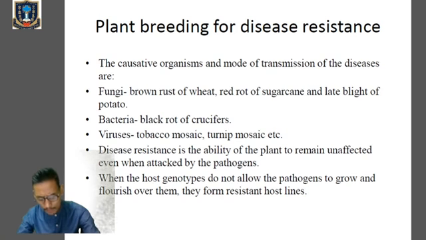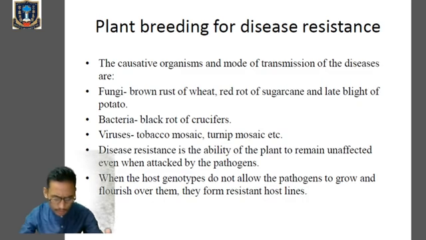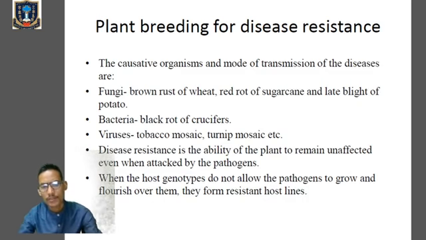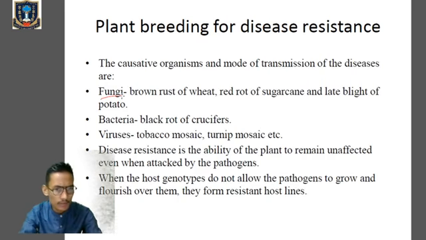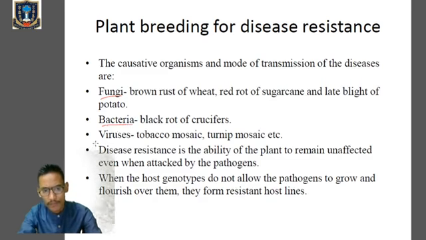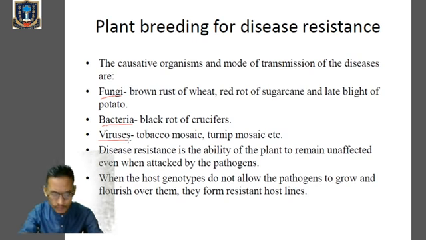So these causative organisms and the diseases they cause are, number one, the diseases caused by fungi: brown rust of wheat, red rot of sugarcane, and late blight of potato. Diseases caused by bacteria: black rot of crucifers. By viruses, we have tobacco mosaic virus and turnip mosaic virus.